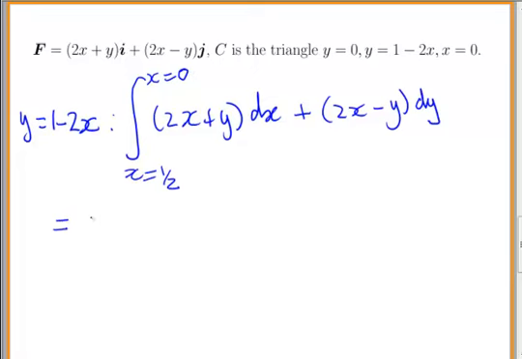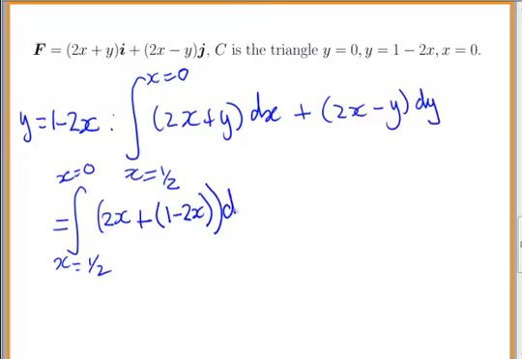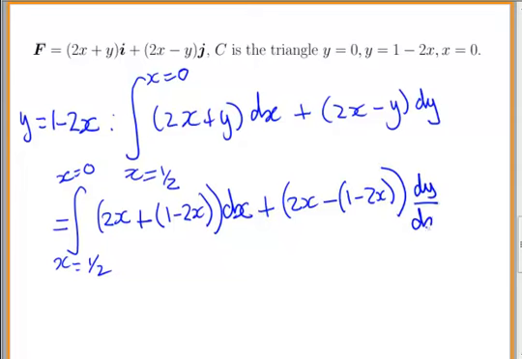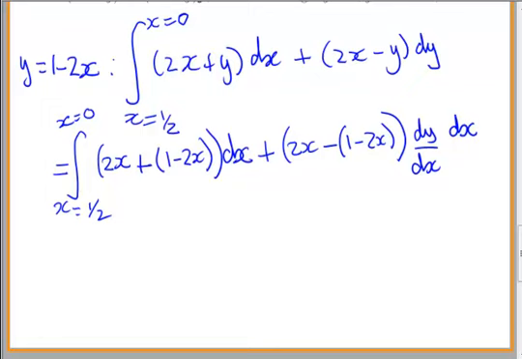We're going from x equals a half to x equals 0. Let's put in the value of y. So in the first bit we get 2x plus 1 minus 2x, and that's with respect to x. And in the second part we get 2x minus 1 minus 2x, and again we need to multiply that by dy by dx so as to get the integration with respect to x. So let's tidy this up a bit.